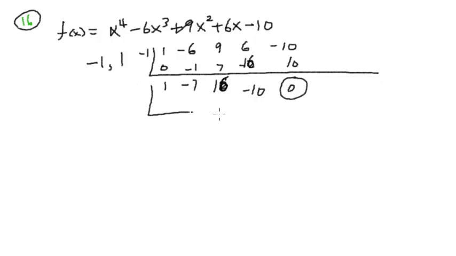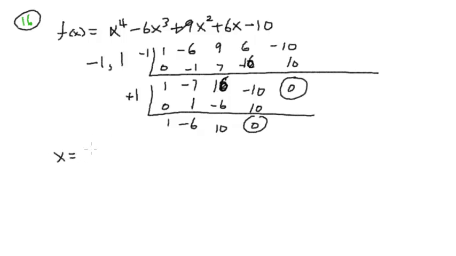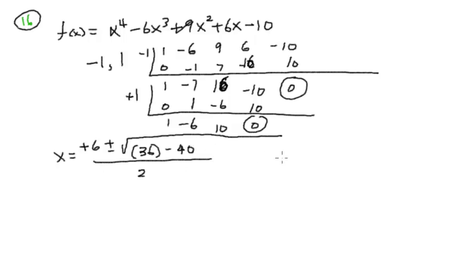All right. Now I'm going to do a +1, and that's going to give me a 1, -6, 10, 0. Now the other two are imaginary, so I probably won't be able to factor these. So I'm just going to go ahead and use the quadratic formula. Minus a -6 plus or minus the square root of -6 squared minus 4 times 1 times 10, over 2 times 1.